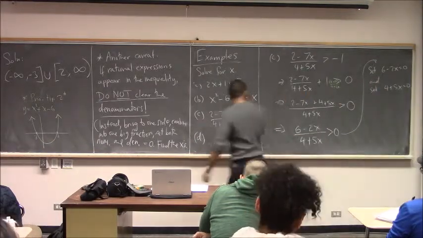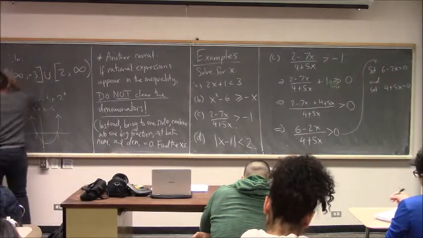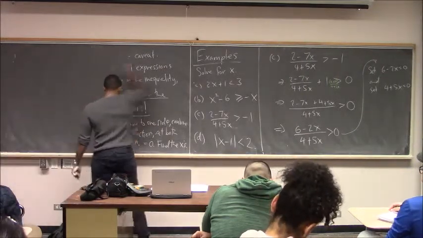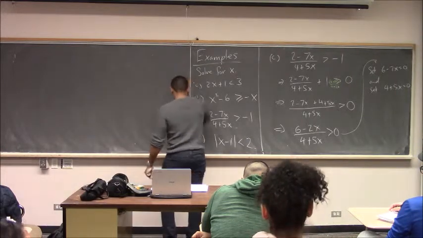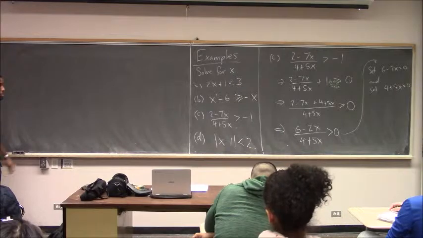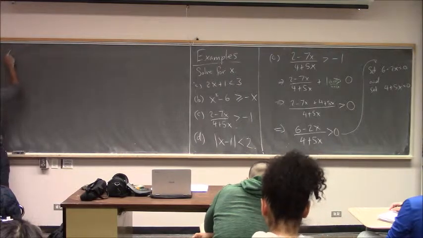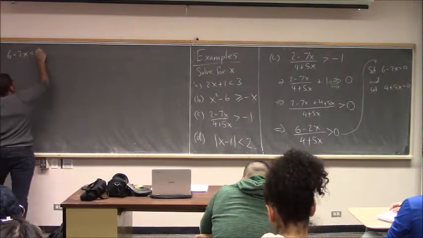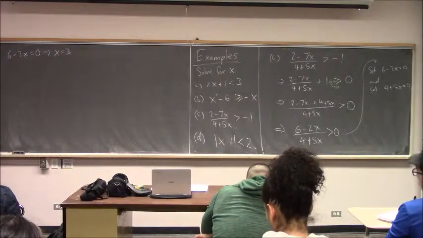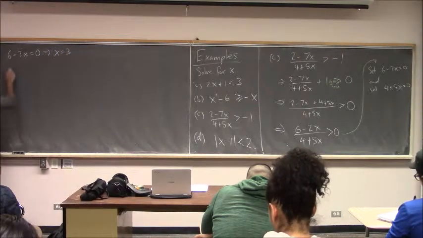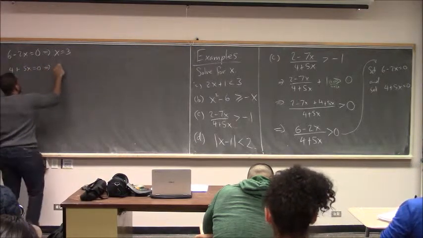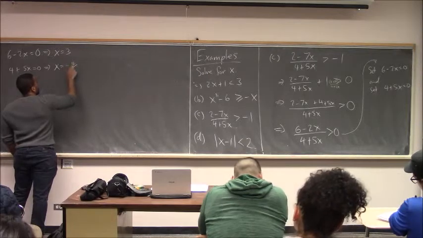So now, what would result from doing that? 6 minus 2x equals 0, this would mean that x equals 3, right? And if 4 plus 5x equals 0, this would mean that x is minus 4/5.